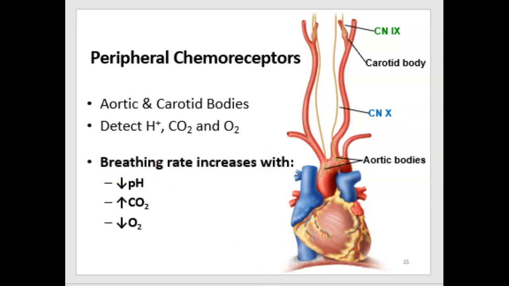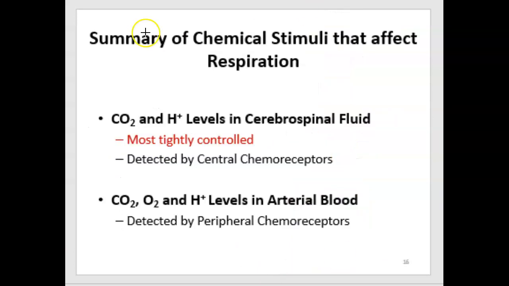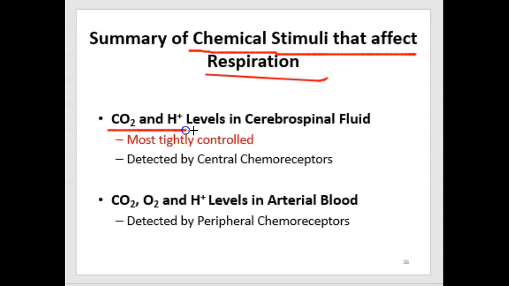So I thought I'd just summarize that a little bit for you, because that's probably the most complicated part of this lecture. And that is, what are the chemical stimuli that monitor or modulate and affect our breathing rate, respiration? It's CO2 and hydrogen ions in the cerebral spinal fluid that really causes the greatest degree of regulation.